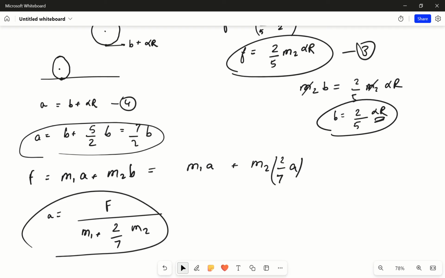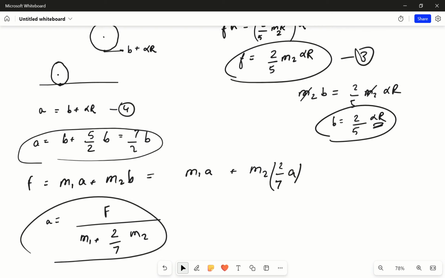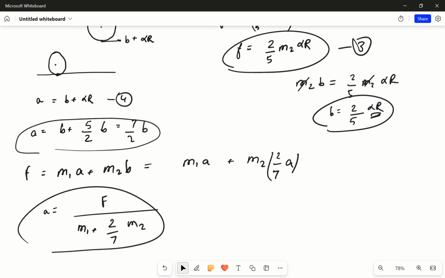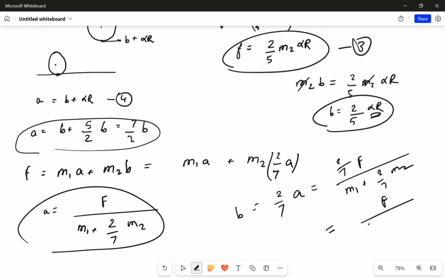What is the value of b? b equal to 2 by 7 a, so it is equal to F upon m1 plus 2 by 7 m2, times 2 by 7. So this is our final answer.